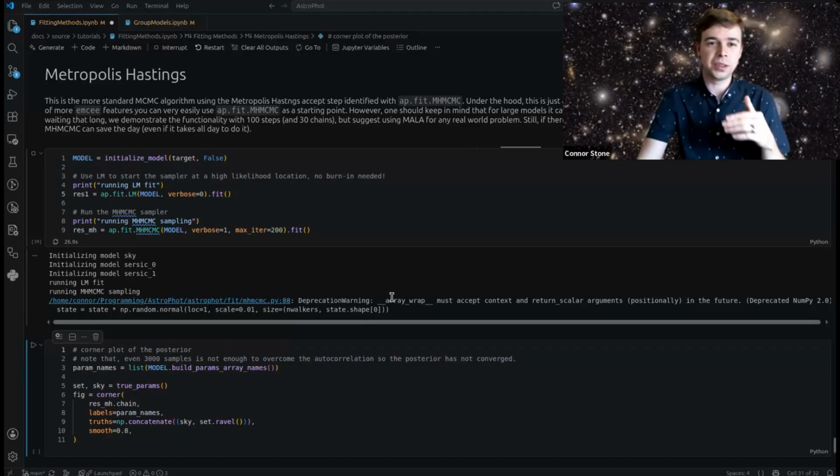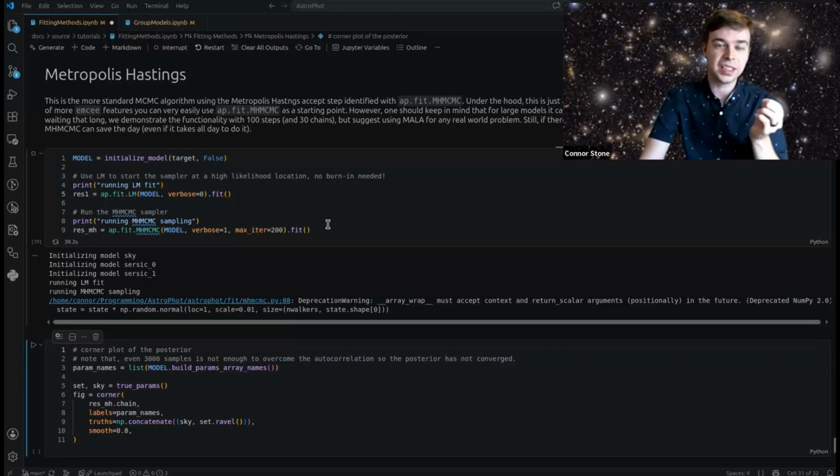So AstroPhot includes a wrapper for the emcee package, a really widely used, fully density-based sampler. So that one, all you need to do is calculate the likelihood in order to run it. And so that one's much more stable in terms of gradient calculations, it doesn't need those.